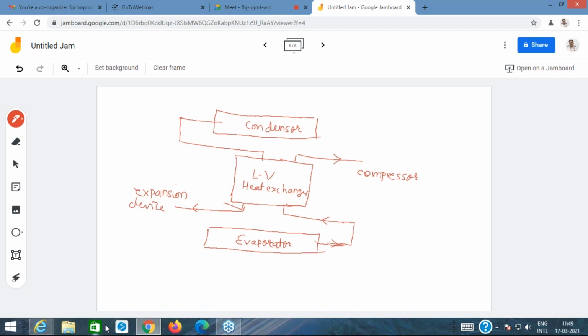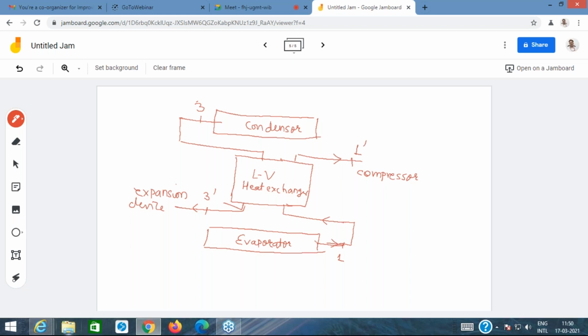Now, because of this liquid vapor heat exchanger, suppose this state is 1. There is a suction superheating in the liquid vapor heat exchanger, and suppose this is your 3, there is a liquid subcooling in the liquid vapor heat exchanger. Why is that happening?